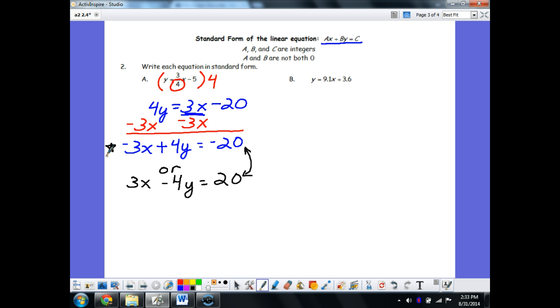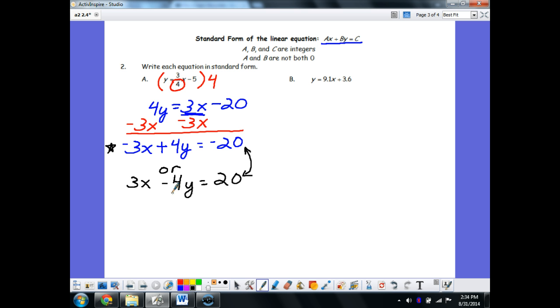You don't have to do anything else. But there are a few people out there who believe that a needs to be positive, so then you would need to write it like the second one. Either way, I don't care. And once again, this is a reason why in some of the directions you would see write an equation, not write the equation.